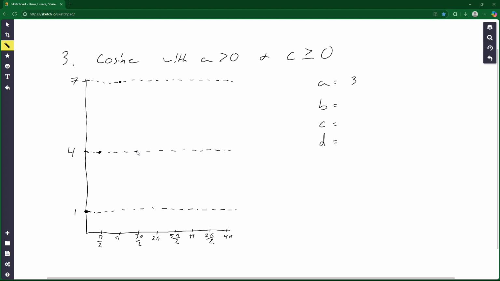Then we can just follow this pattern, and lastly, it'll finish off right there.